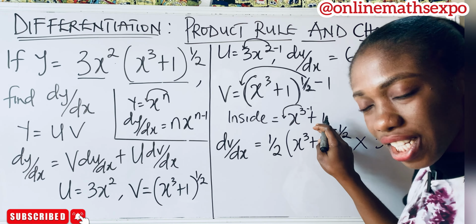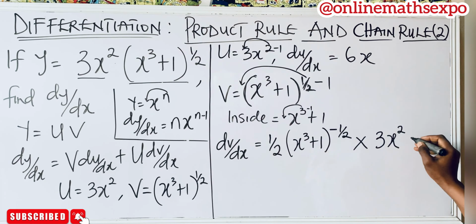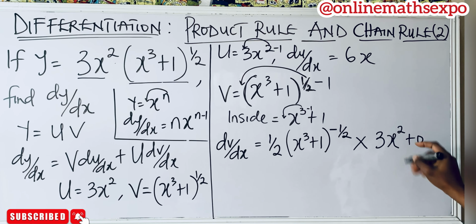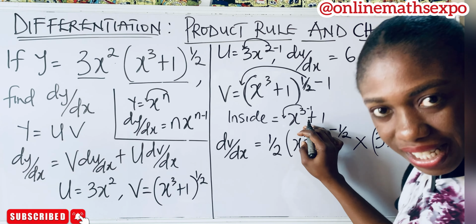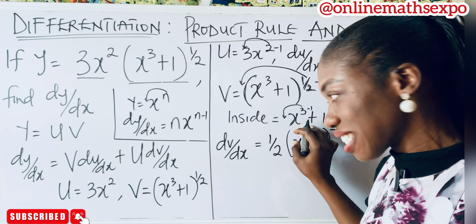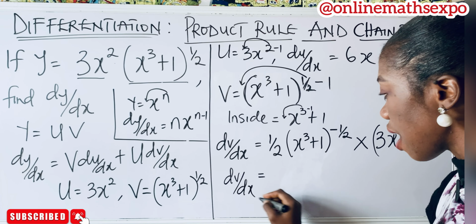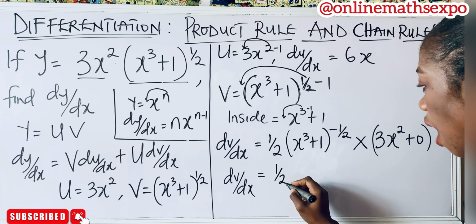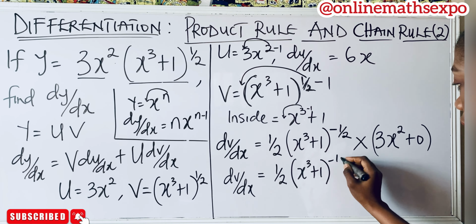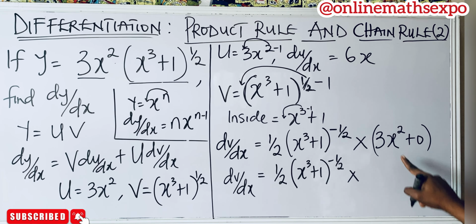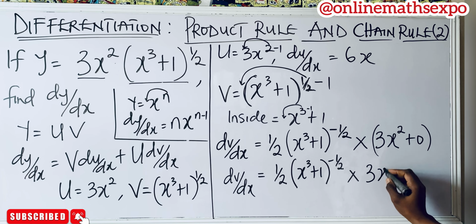Now, when you differentiate 1, it is a constant, so it is equal to 0. So we're going to have plus 0 here. I hope that is clear. So this is the value you get for differentiating the inside function. Now let's bring this together so that our dv dx will be equal to half into x cubed plus 1 to the power of negative half, multiplied by 3x squared plus 0, which simply gives us 3x squared.